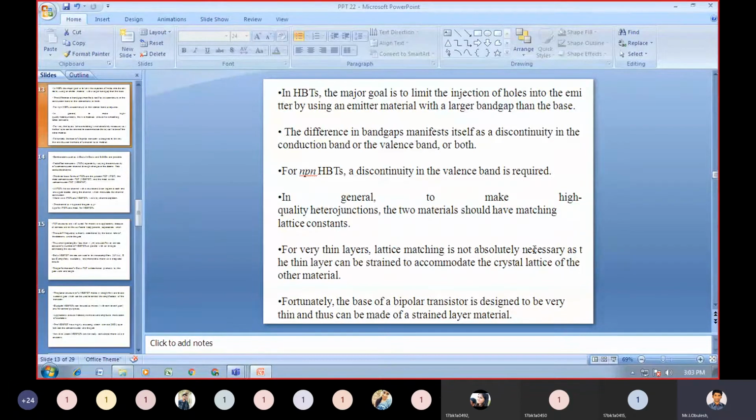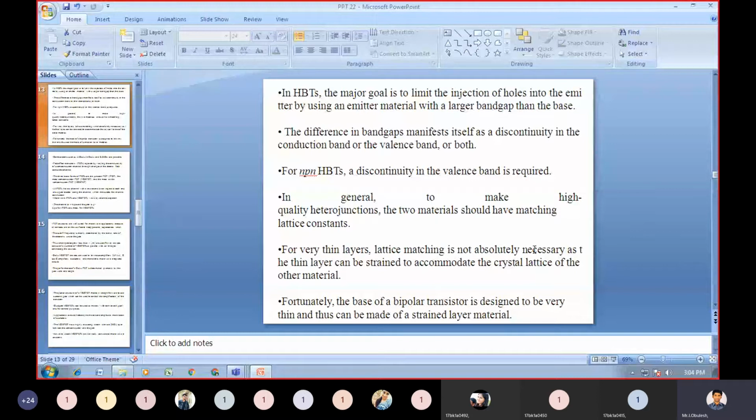The difference in band gaps manifests itself as a discontinuity in the conduction band or the valence band, or sometimes both. For NPN HBTs, a discontinuity in the valence band is required. In general, to make high quality heterojunctions, the two materials should have matching lattice constants. For very thin layers, lattice matching is not absolutely necessary, as the thin layer can be strained to accommodate the crystal lattice of the other material.